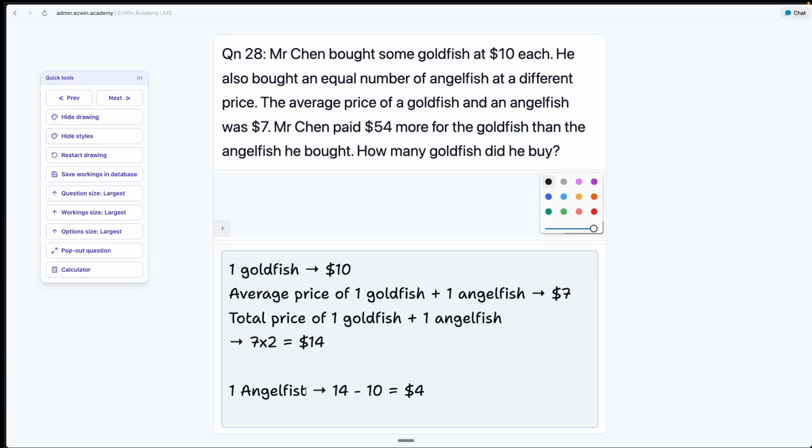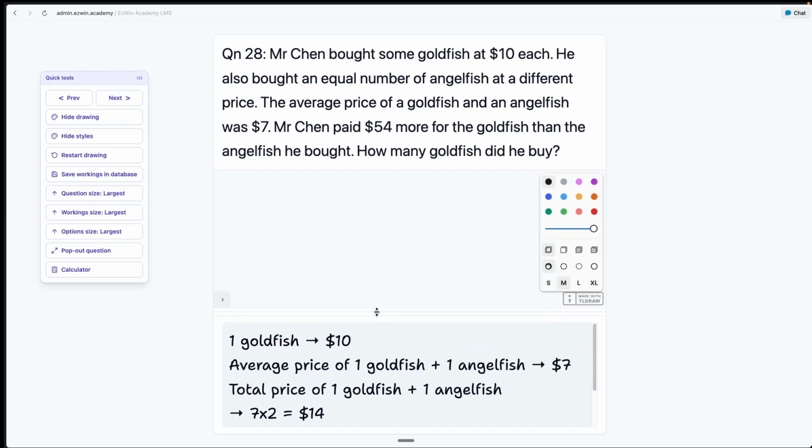Okay, so now if I were to draw a simple model, so we have let me write here goldfish, and then we also have angelfish. Let me just copy this, so we have angelfish as well.